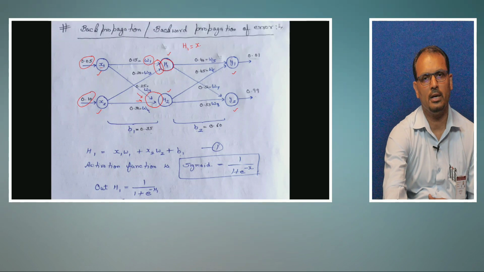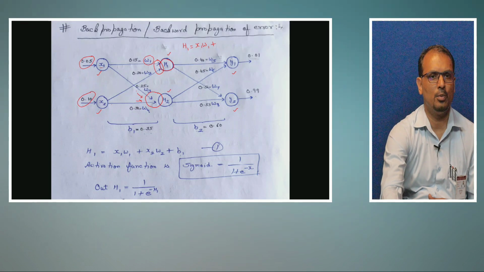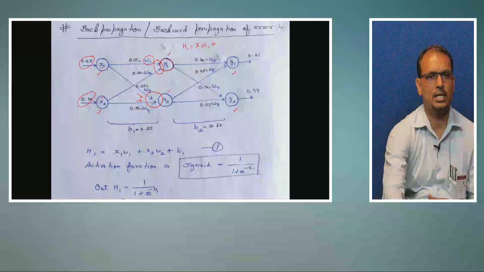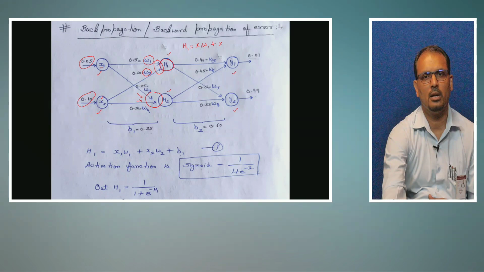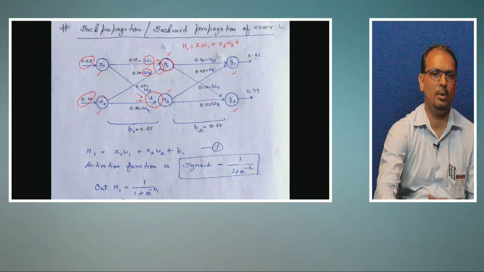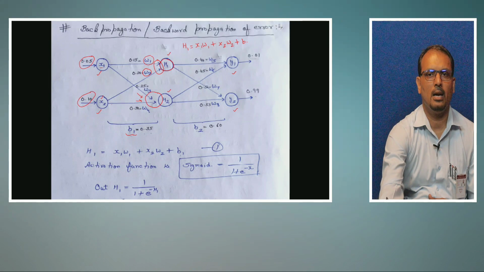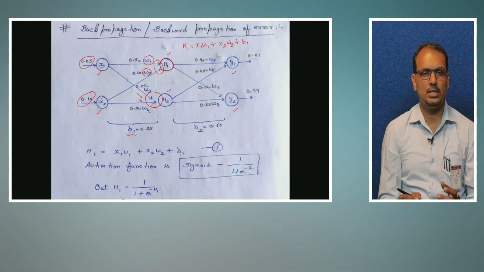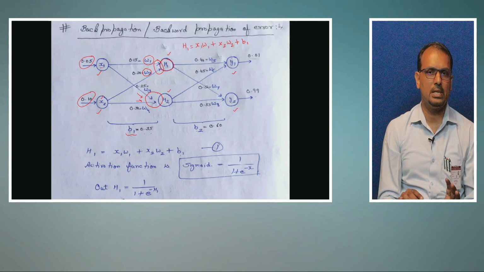So I will write x1 into w1 plus the other input, x2 into w2, plus my bias value, which is b1. Very simple equation, only additive terms.